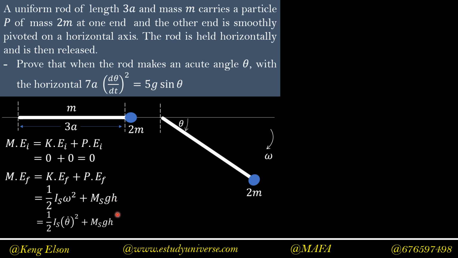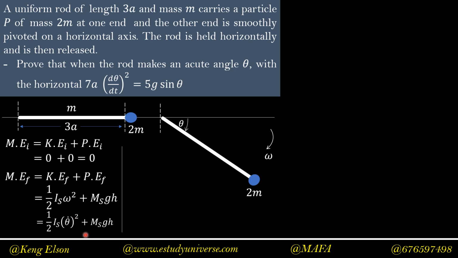Like I explained, this h is the distance from the center of mass of the system to the line of zero potential energy. Like I said, omega is simply theta dot. The dot means that we are differentiating theta with respect to time. So I've just replaced omega with theta dot there. Now we need to square it.